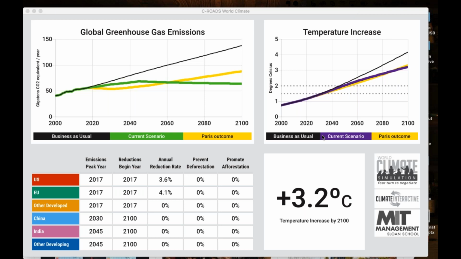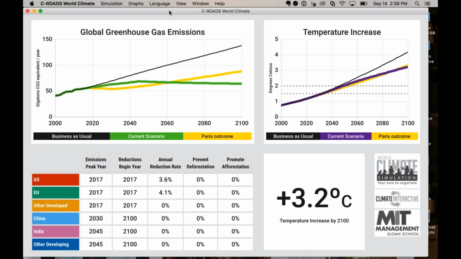So the policies that countries made at the Copenhagen climate negotiations in 2009 and before that and shortly thereafter, those countries have revised, and they have resubmitted what are called their nationally determined contributions for the Paris Agreement. So you could wade through and look at the old policies and compare them some if you wanted to do that, but typically we don't get into that kind of depth in a world climate simulation.